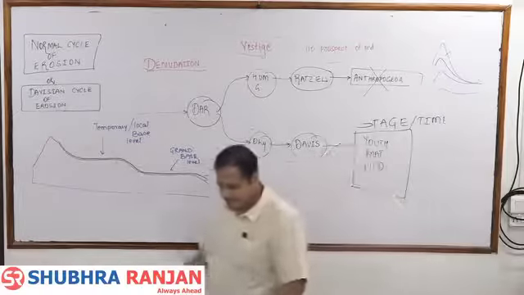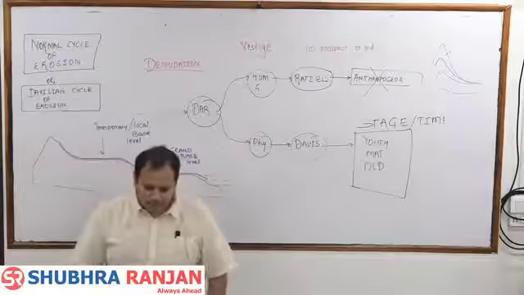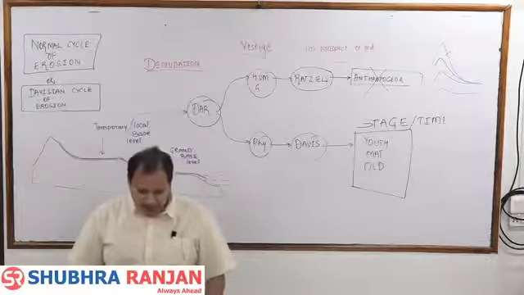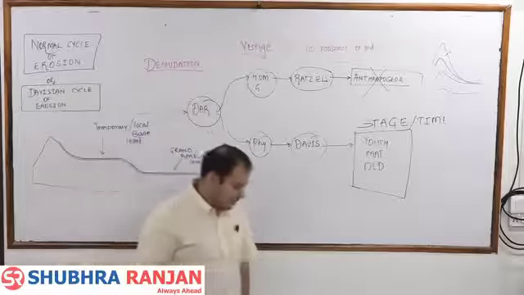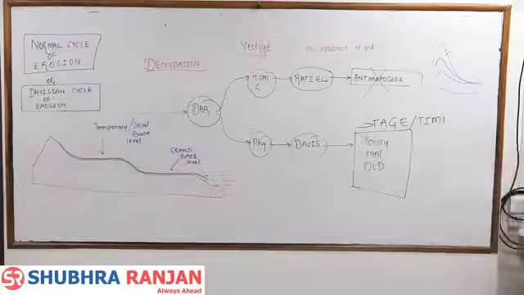Next point. As the river passes from youthful to the old age, the potential and kinetic energy decreases.